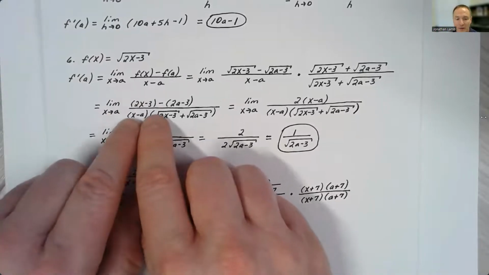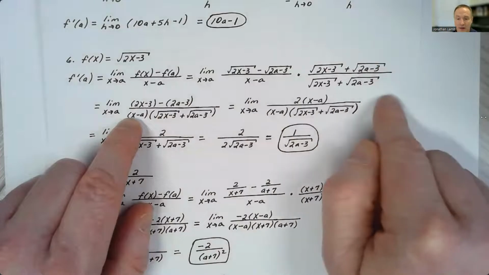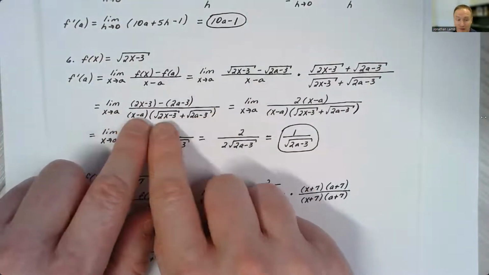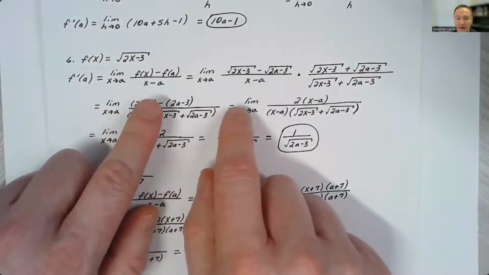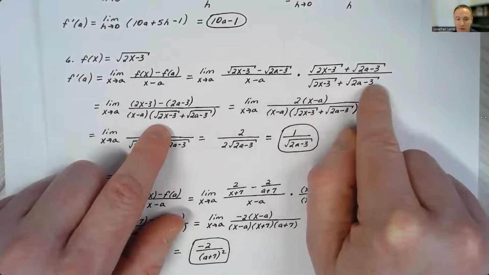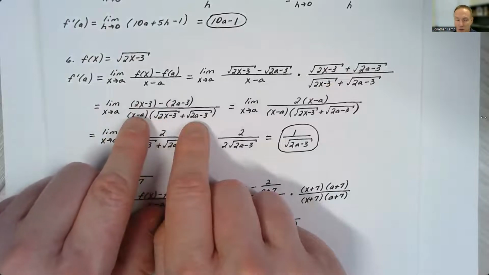My denominator is going to have the factor of x minus a times the sum of these square roots. And I haven't put any excess parentheses in this denominator. All of that's required. The group x minus a is multiplying that entire sum of these 2 square roots. So I'll leave that like it is. And I don't want to start distributing x minus a because I know the goal is that that factor of x minus a needs to be canceled.